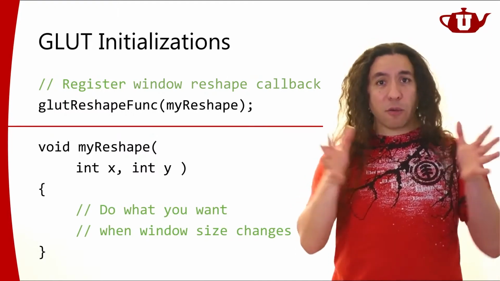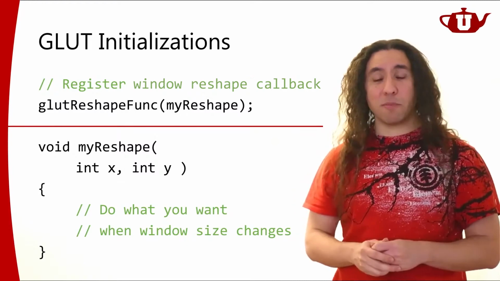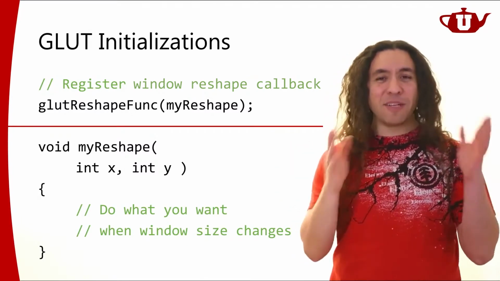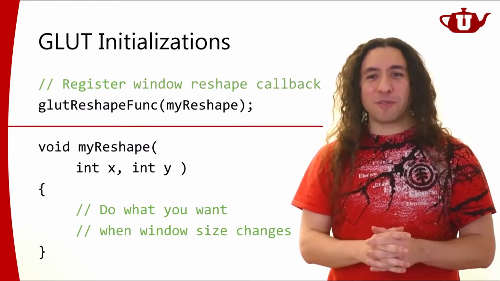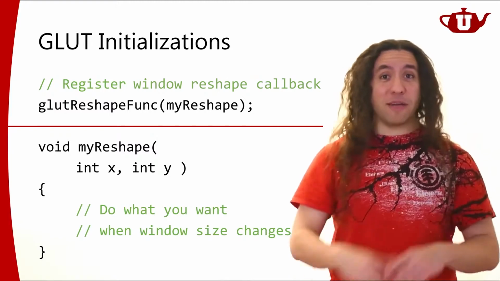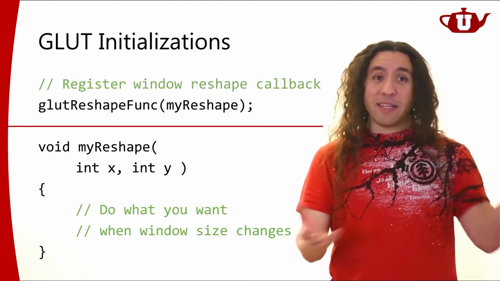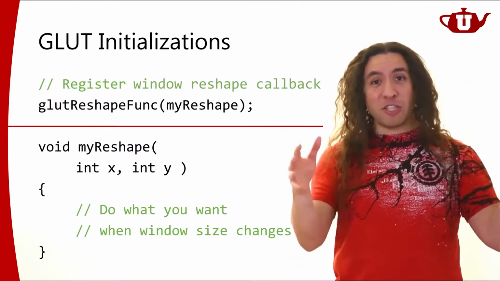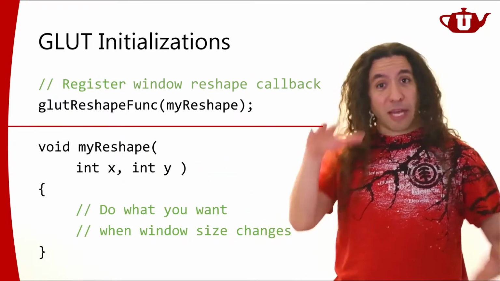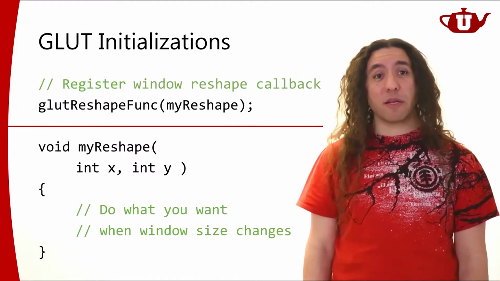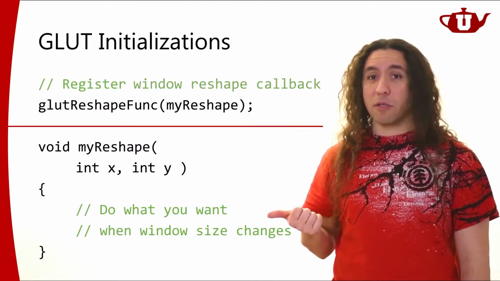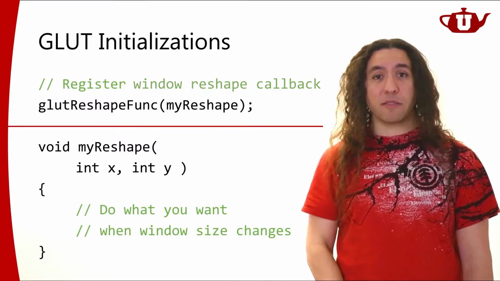For example, if you're rendering with some perspective transformation, or orthographic projection, regardless of whatever projection method that you use, you will need to know the view frustum, right? Because you're going to transform things to the canonical view volume. And if your window shape is changed, you would want to know, so that you can adjust your transformation matrices accordingly, right? So that's going to be actually something that you will be using in most of your applications.